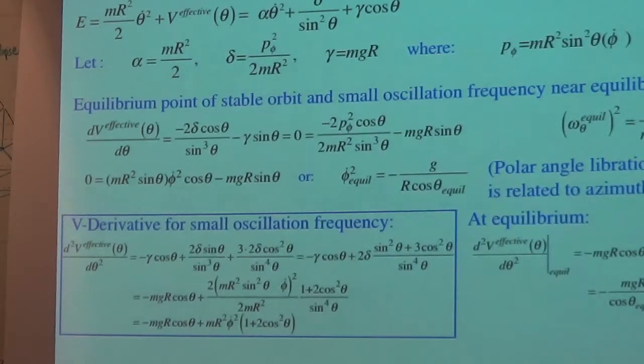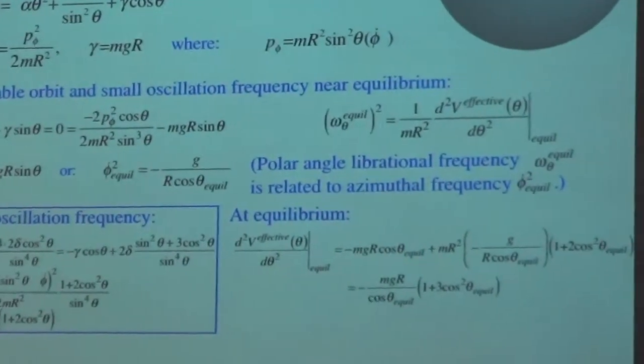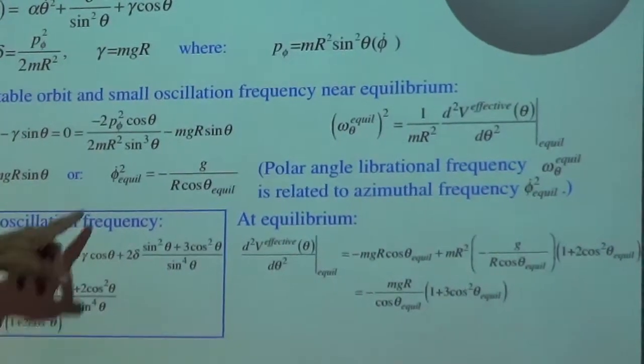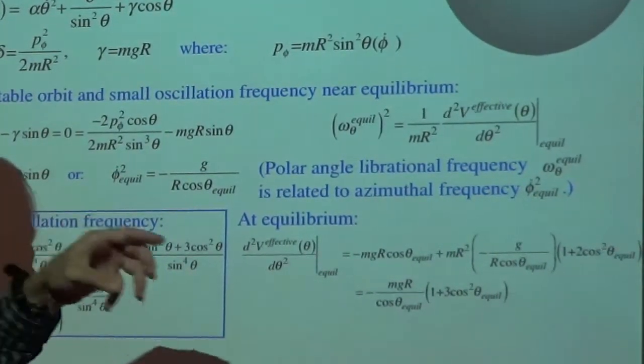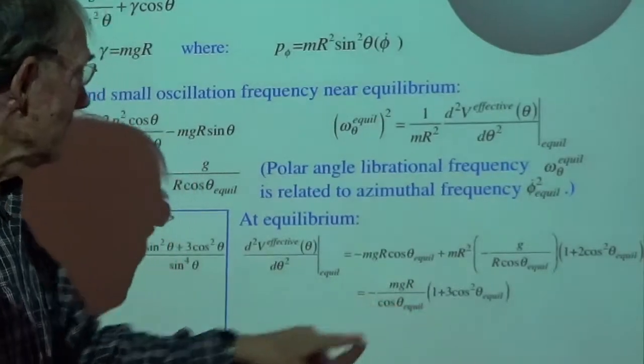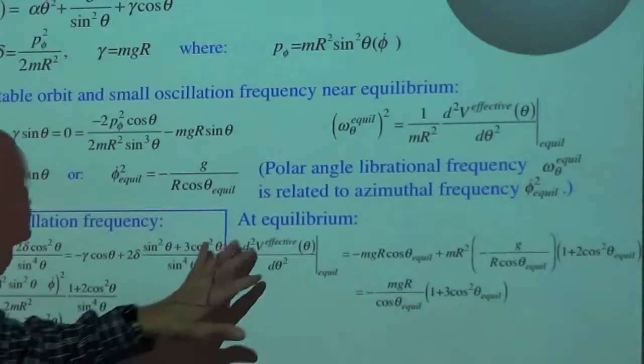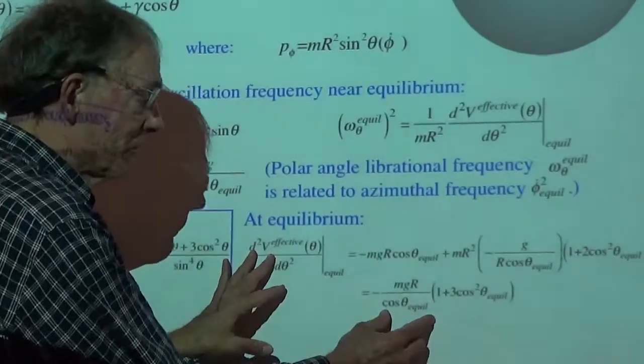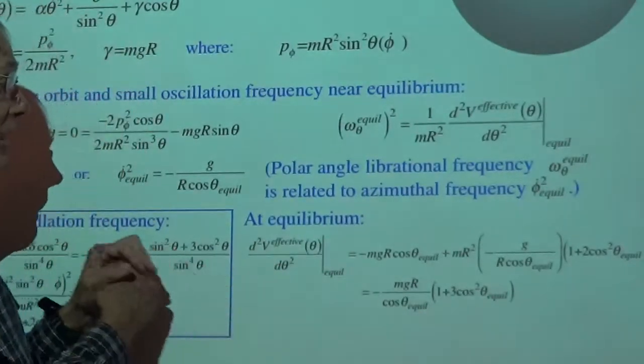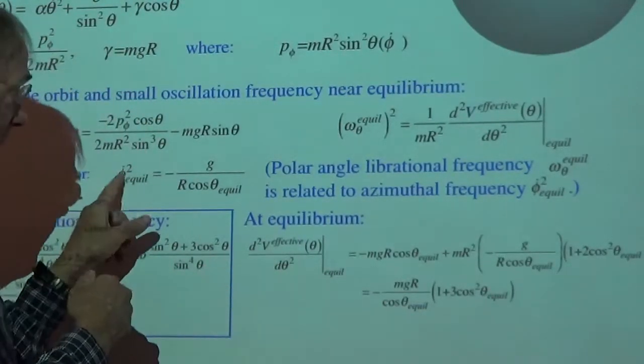So at equilibrium, when I put in the actual value that I get for phi dot, it comes out rather nice. That is, this derivative here is almost, except for this thing right here, like the phi dot squared.